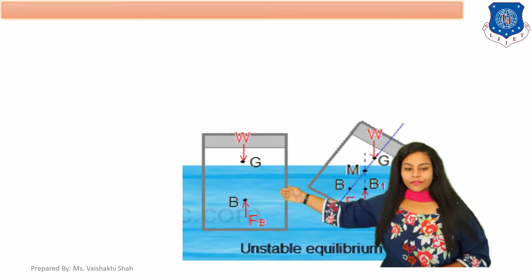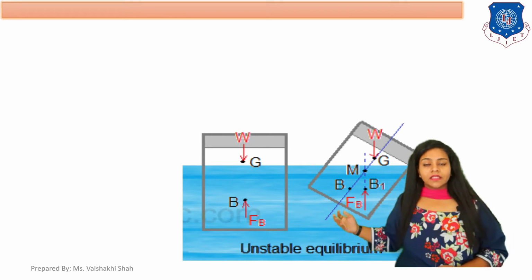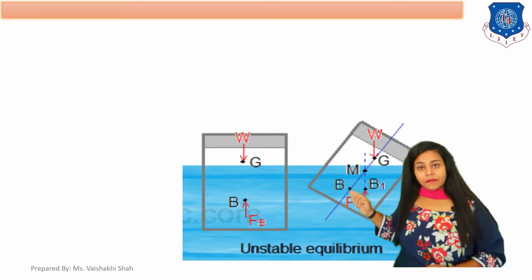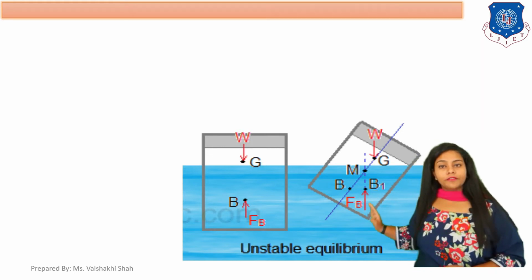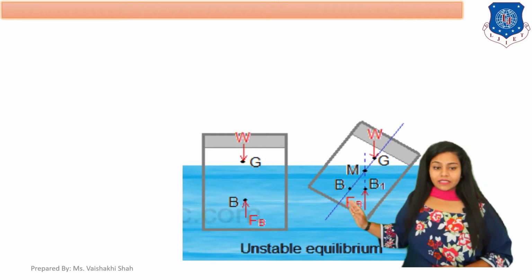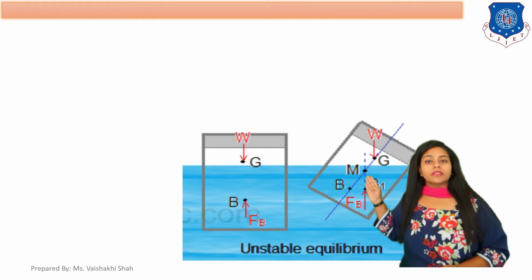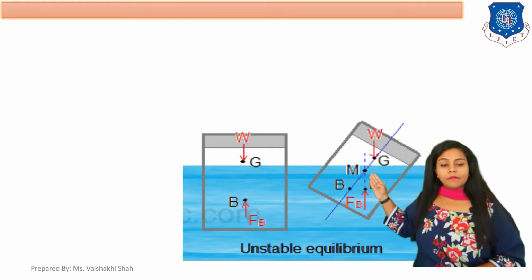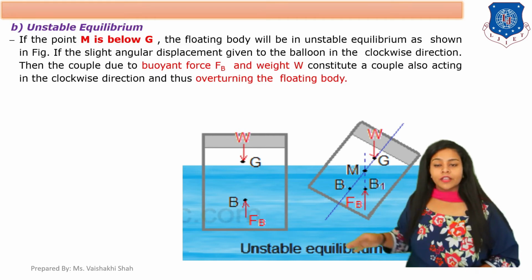Now if this body is given a small angular displacement, there is a new center of buoyancy which is B1, and buoyant forces are acting from point B1. In this case M, that is your metacenter, is below the center of gravity.